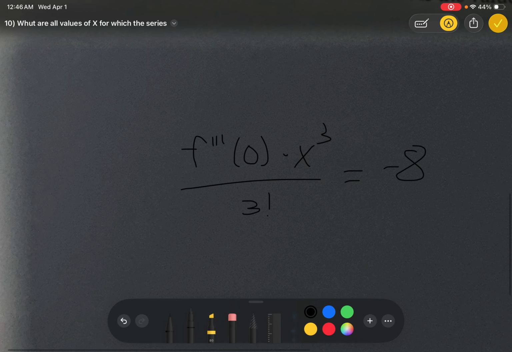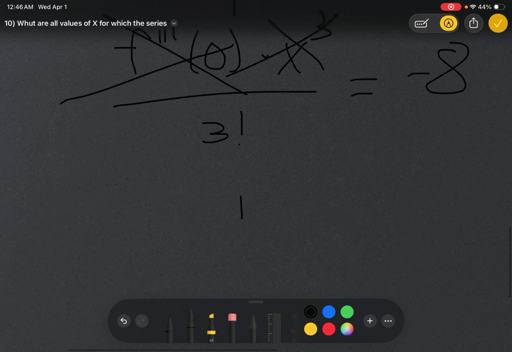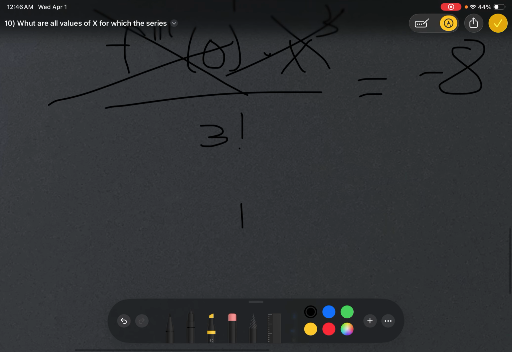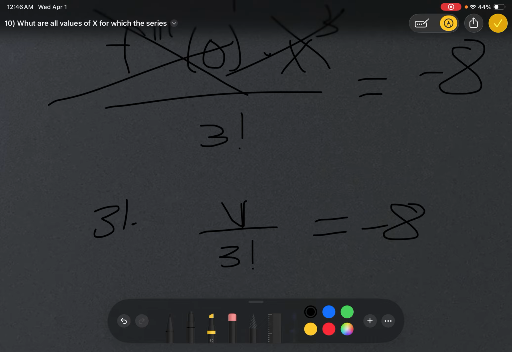We're trying to find out the value, so we are going to ignore the functions, and let's just replace that with v for value of a function. Okay, v over 3 factorial is equal to negative 8 times 3 factorial.